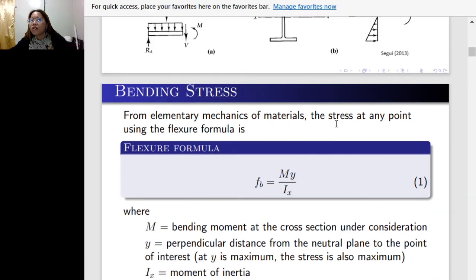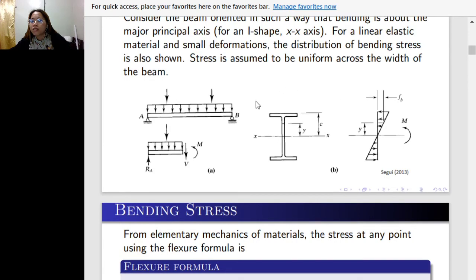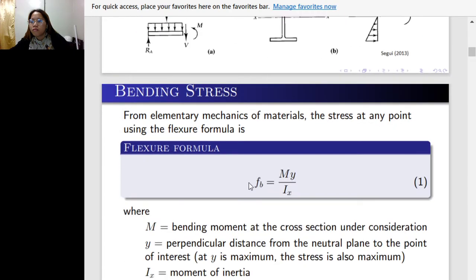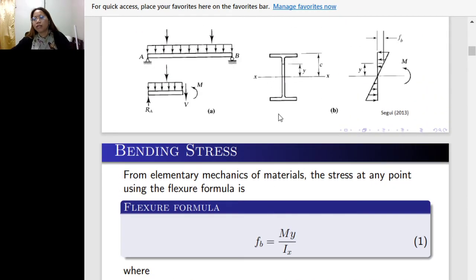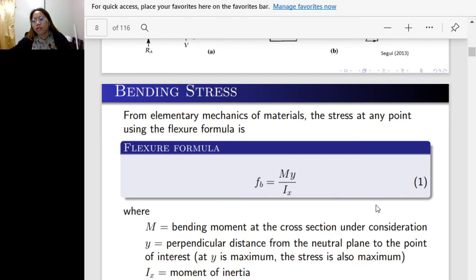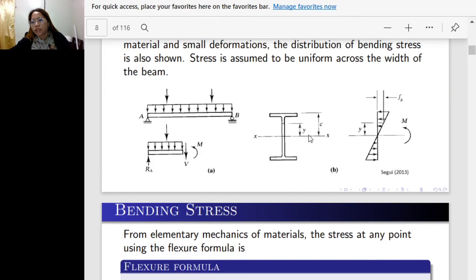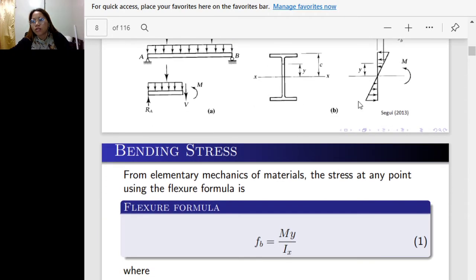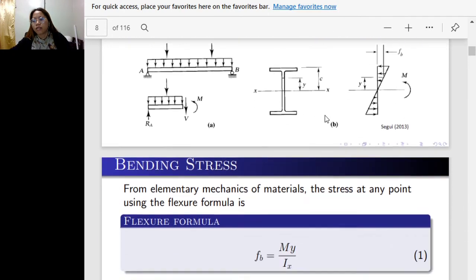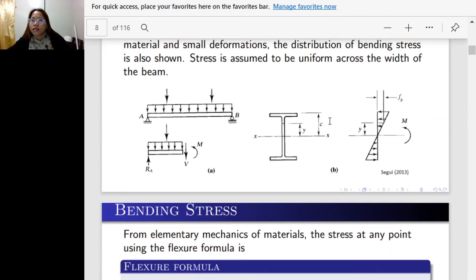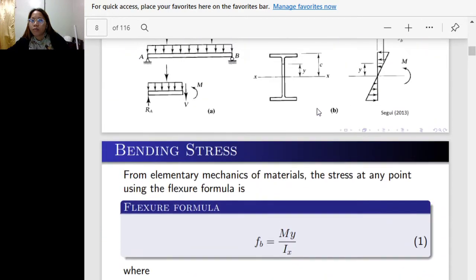If you look at the cross section of the shape, the maximum stress is at the outermost distance from the neutral axis. The greatest stress is at the outermost part of the shape or member.